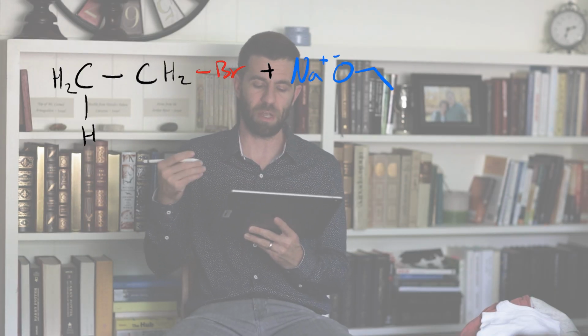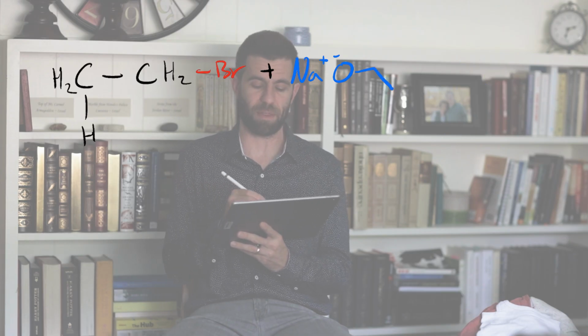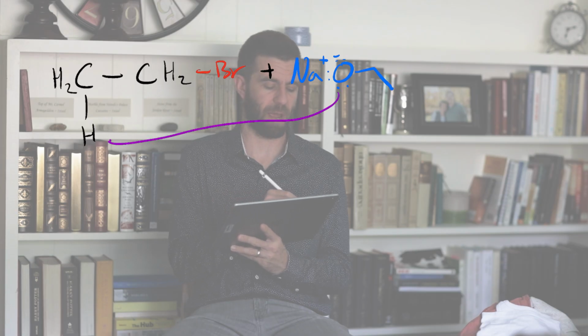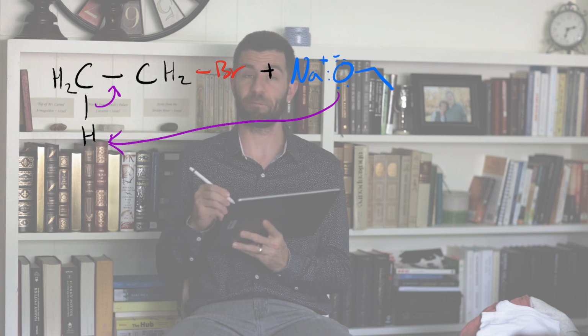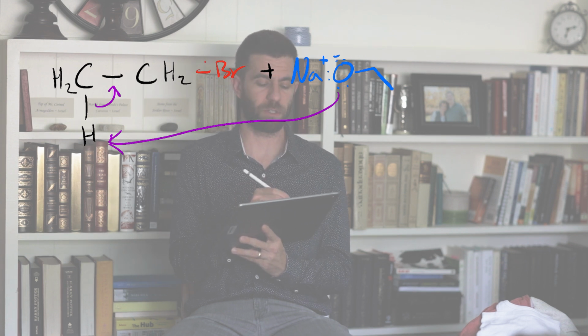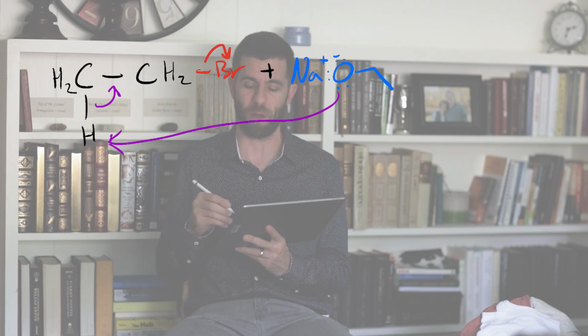So this sodium is positive and the oxide is negative. What we're going to have, let's say, is that sodium ethoxide is going to come over here and grab this proton. These electrons are going to move right here, forming that alkene. But of course, at the same time, we're also going to have this Br coming off, because that's the only way we can form that new bond.